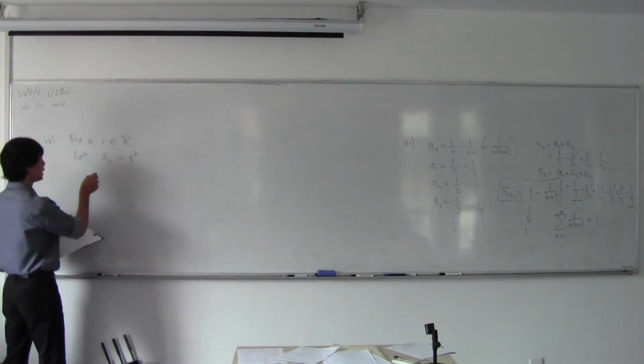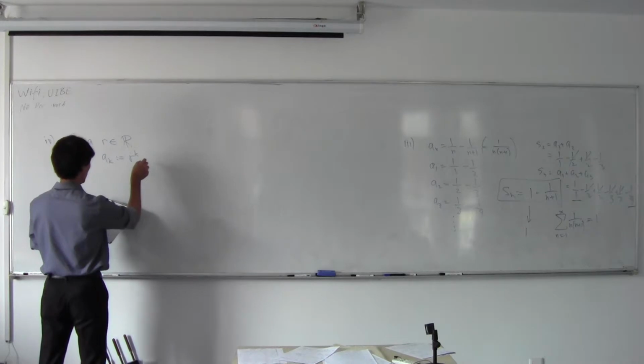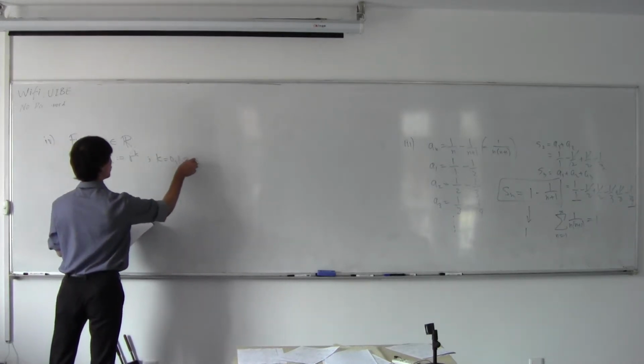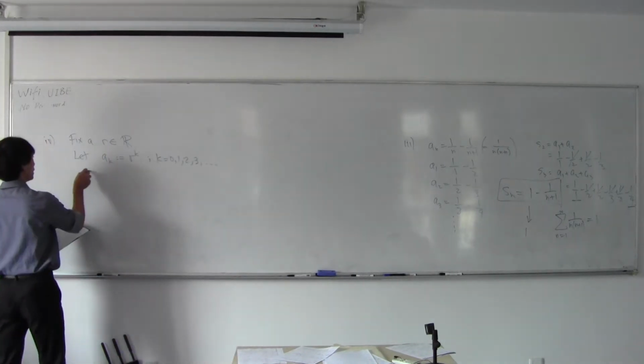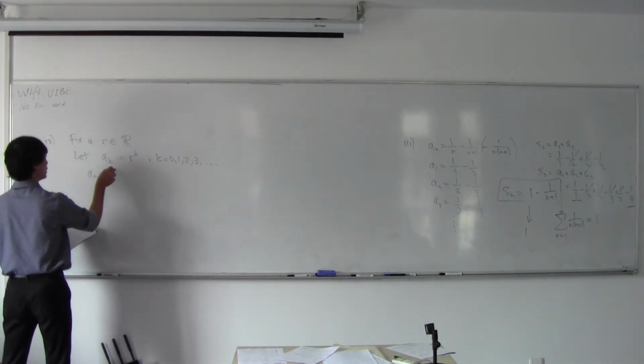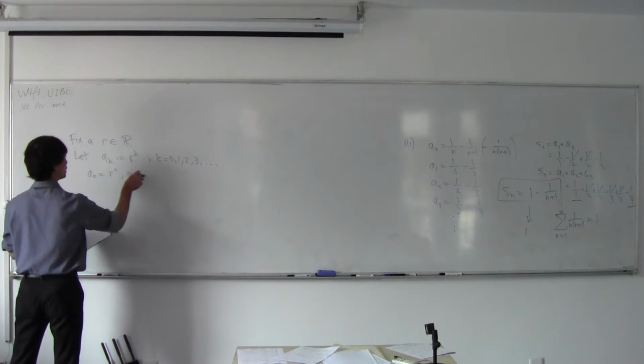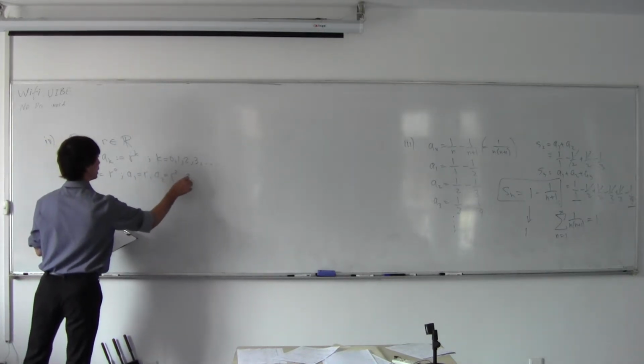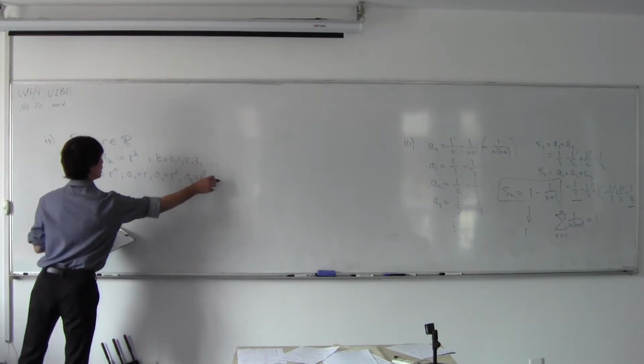So our sequence where k goes from 0 onwards. So a0 is r to the 0, a1 is r, a2 is r squared, a3 is r cubed, etc.